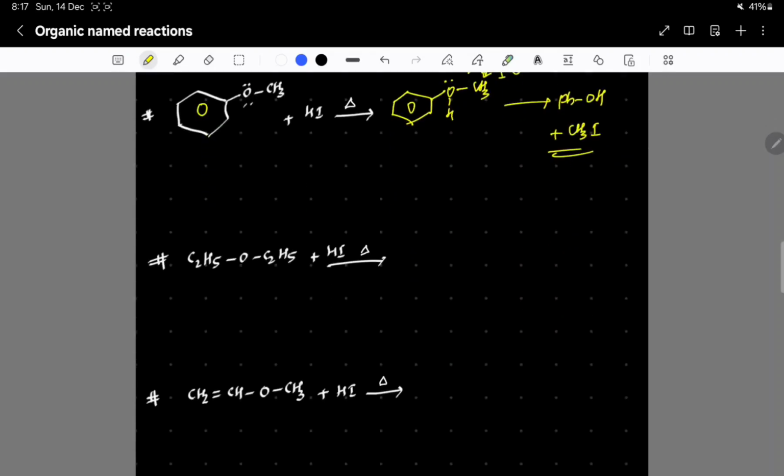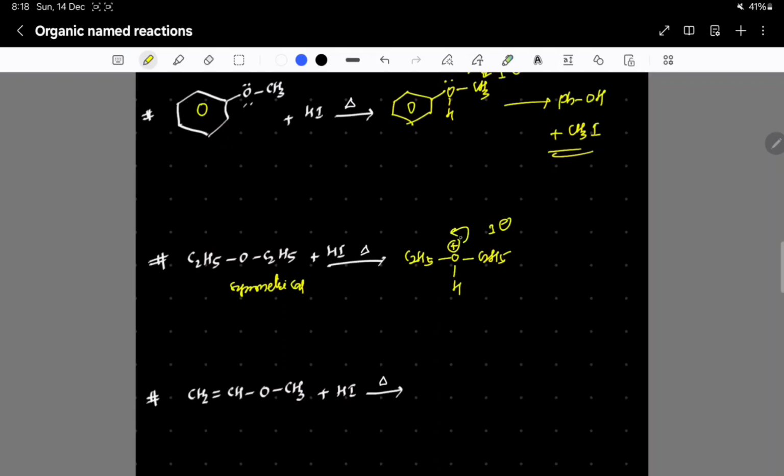Now this we can call a symmetrical ether. It is a symmetrical ether, with C2H5 on both sides. Step 1 will be protonation of oxygen. Then I minus will attack.